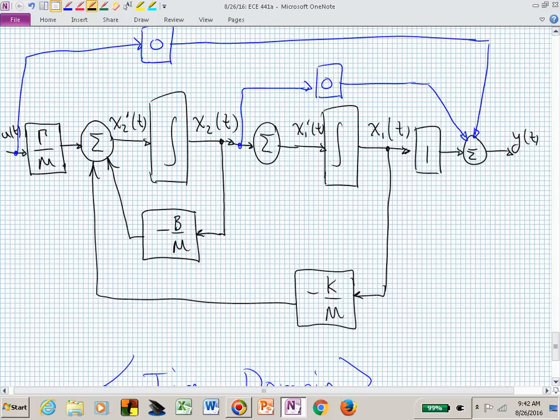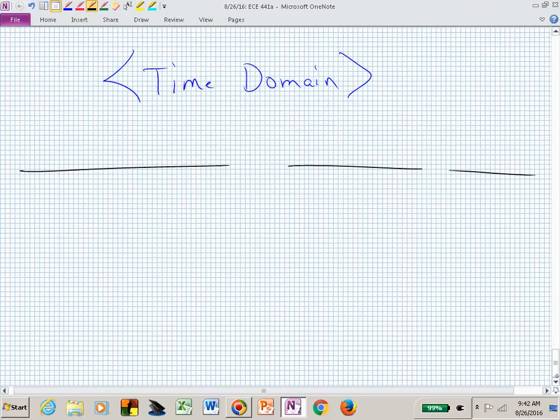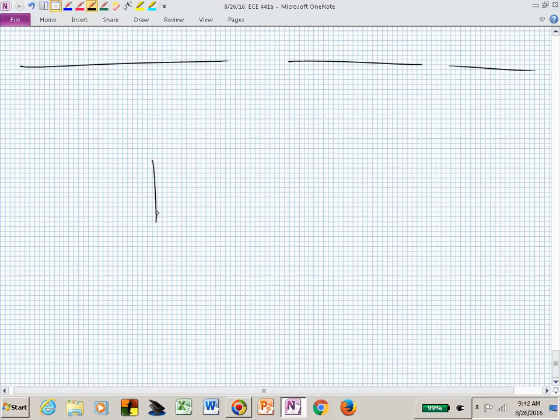Everything else stays the same except the arguments on our variables. Now it would be x2 of s, x1 of s, y of s. Let's do that. This is just fun. I know that you want to go home and do this tonight, so let's just show you how you can do this. So now you could pass somebody an all-integrator block diagram and say, give it to me in the frequency domain.